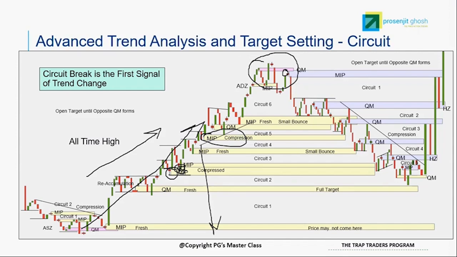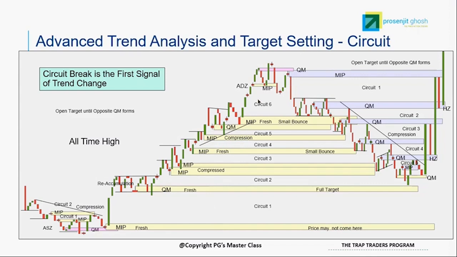So, sir, unable to understand demand QM formed after demand circuit 5. Demand circuit 5, just a second, I'll show you. This is what you are talking about. Understand, price gaps up, moves down, low, high, lower low, higher high.